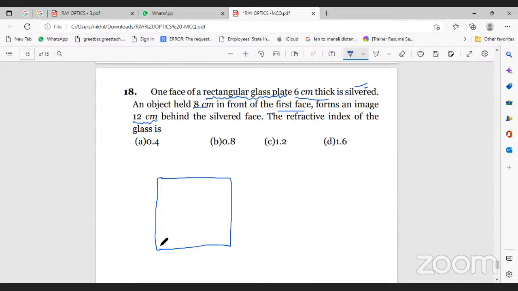What is the thickness of that plate they have given? 6 centimeter. Shall I mark this as 6 centimeter? Then what is the second condition? It is silver. This is silver.